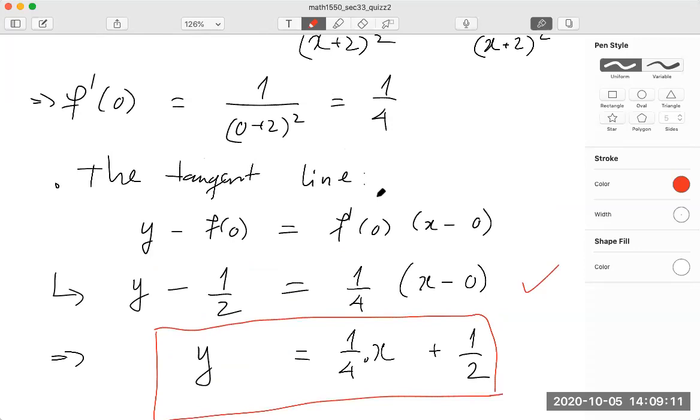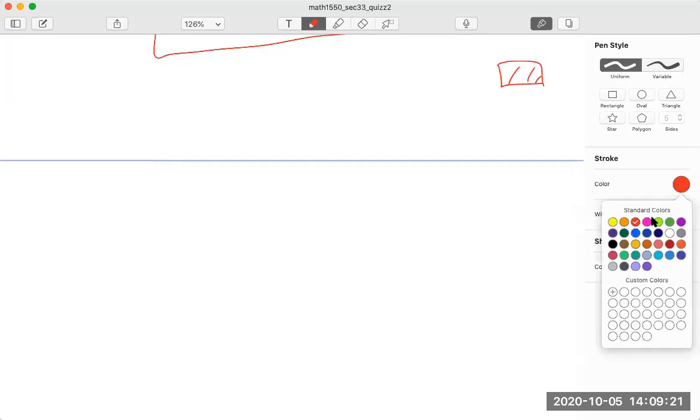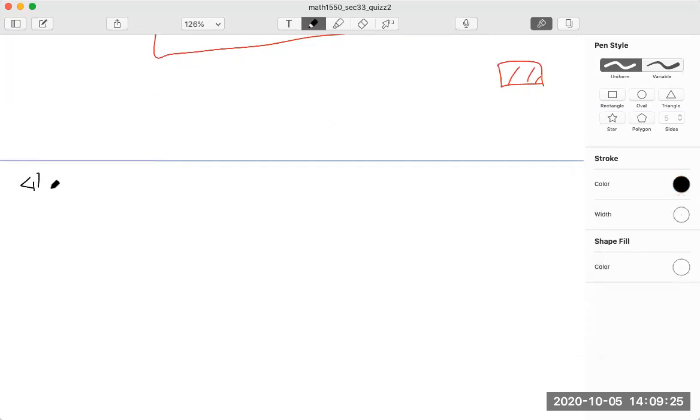The next question. What is it about? Oh, yes. Compute the first, second, third, and fourth derivative of the function y: y prime, y prime prime, y prime prime prime, y prime prime prime prime, okay?